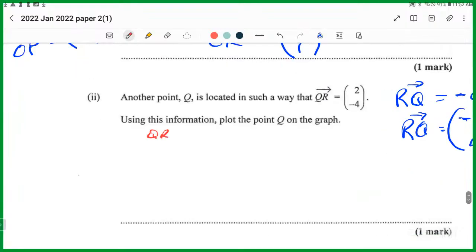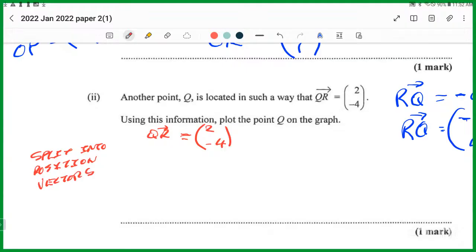QR is (2, negative 4). I want to split this vector equation into position vectors.